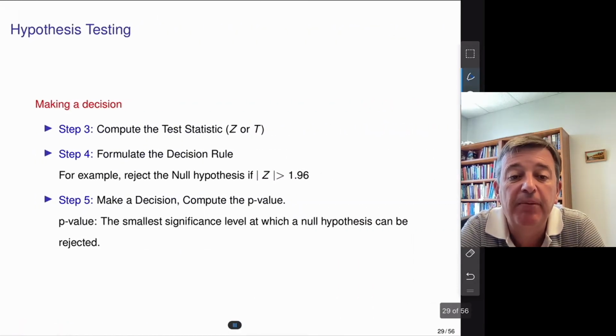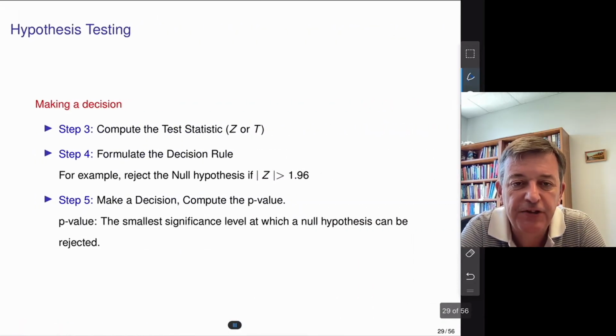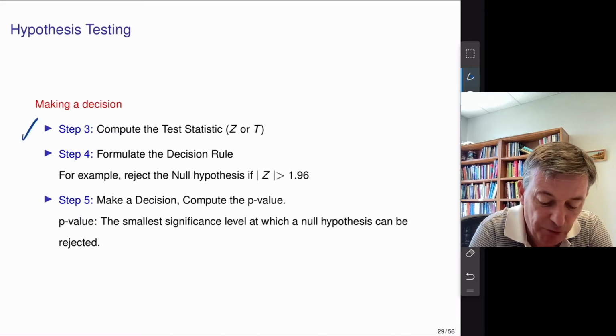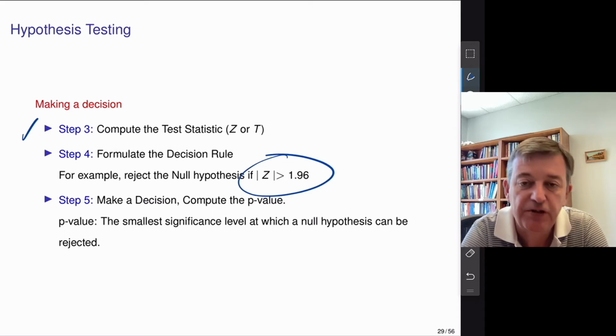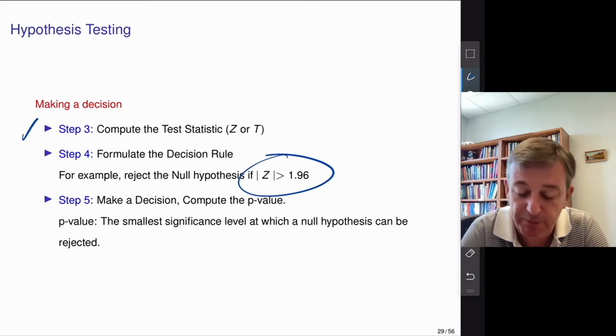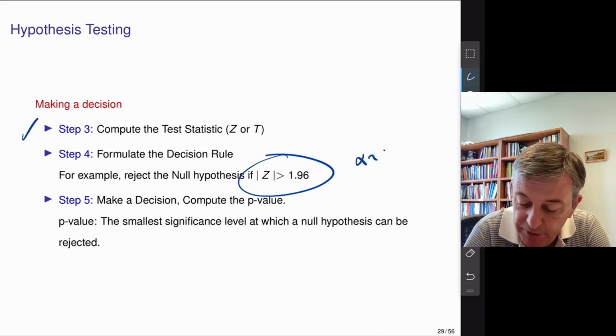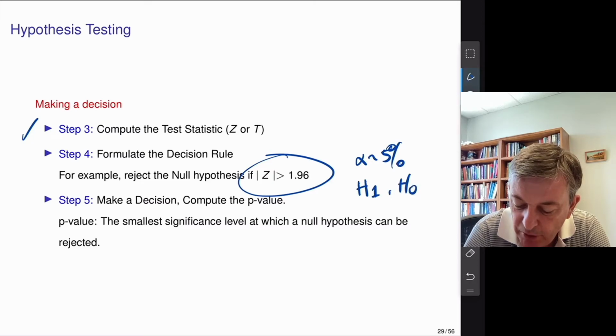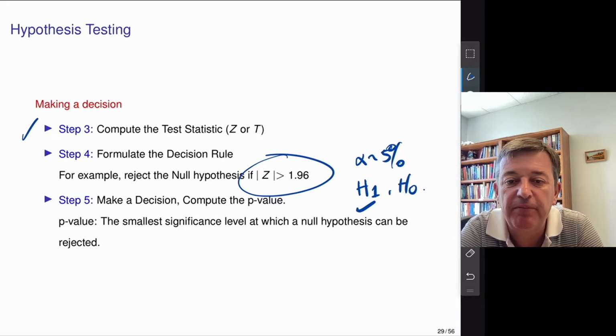So set up ahead of time. Step 3, a Z or a T statistic, and then a formal decision rule. So, for example, if I'm more than 1.96 standard deviations away, at the 5% level, so if my alpha is 5%, I would prefer H1 over H0. Or I would say I will reject H0 at the 5% level in favor of H1.